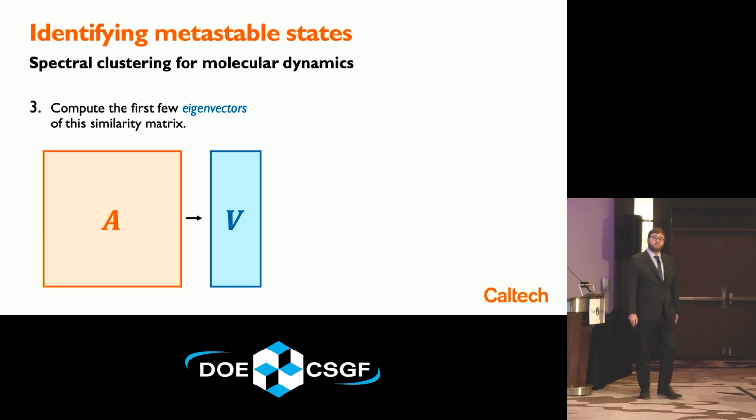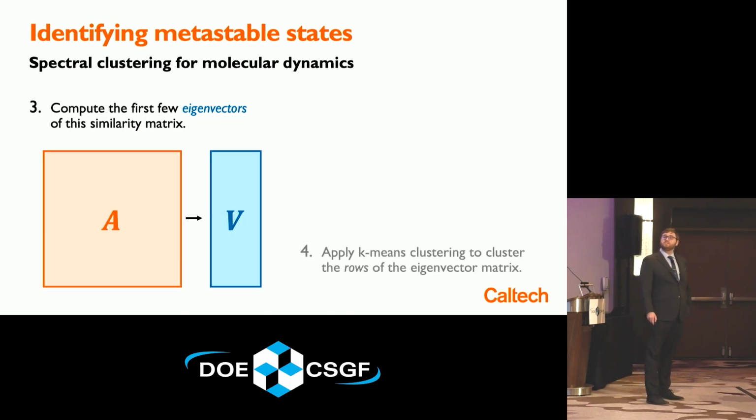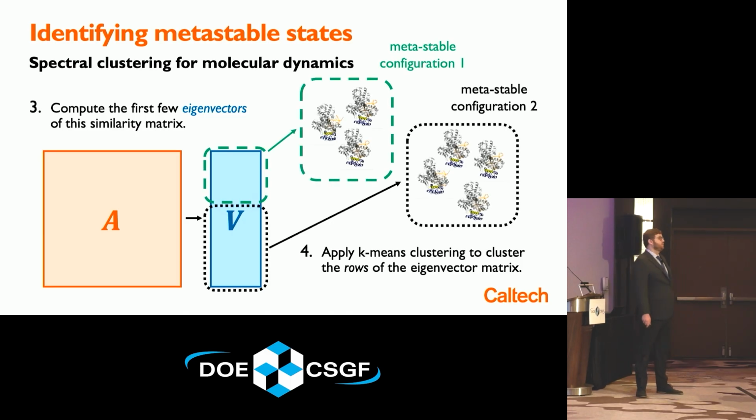And so in order to extract metastable configurations, we now can apply a general purpose clustering algorithm, such as k-means, to the rows of this eigenvector matrix. And in this stylized cartoon I have here, we've identified two metastable configurations, configuration 1, configuration 2, which for instance could represent folded and unfolded states of a protein.